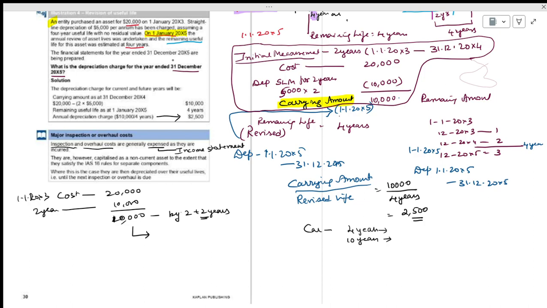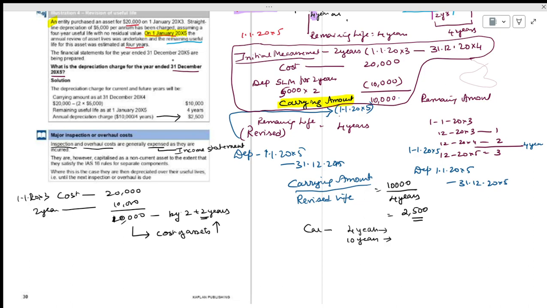If that is happening, then what will happen? The cost of the asset will increase. By making repairs and maintenance, it will not increase. How will it increase? You are changing the engine, changing some internals, spending on some major part.